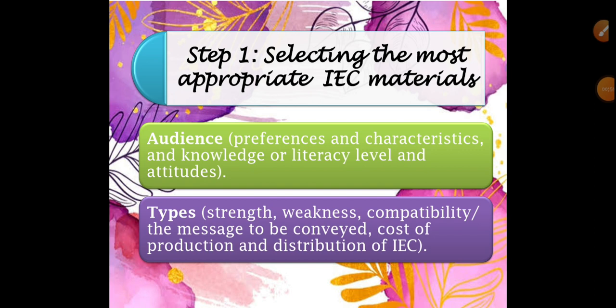Furthermore, the nature of the problem and media analysis is important. In this step, we need to identify the audience interests, concerns, issues, and what type or types of IEC materials are appropriate to the audience or the persons involved in the discussions or topics and the flow of the activity or program.